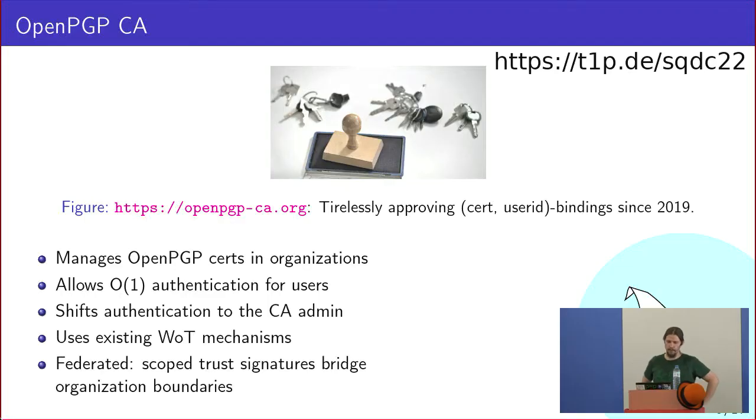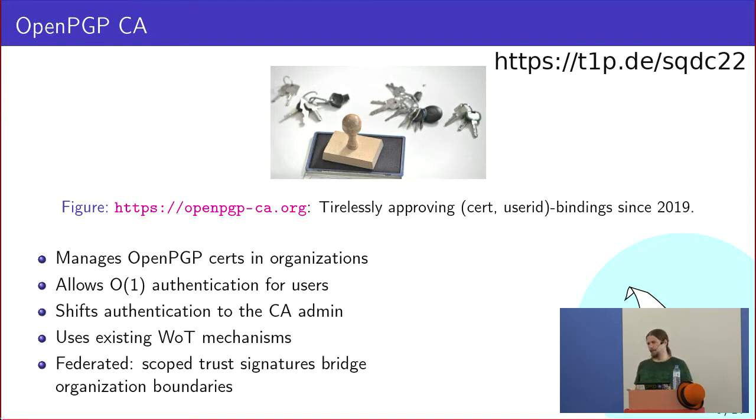So one of the more interesting projects is OpenPGP CA, which is a CA solution to manage PGP certificates in organizations. And the neat thing is that it allows authentication of OpenPGP certificates with very little user interaction. In fact, you only have to decide to delegate once, and then that's it.